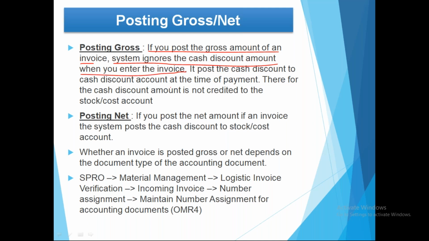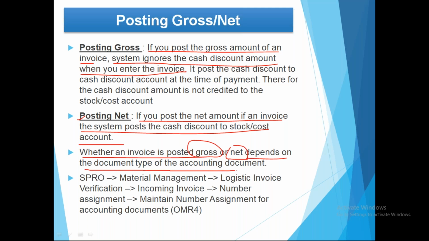That's what I told you. So the 3% it will not consider. Whereas if you post the net amount of an invoice, the system posts the cash discount to stock or cost account. Whether an invoice is posted gross or net depends on the document type of the accounting document. This I will show in the system.